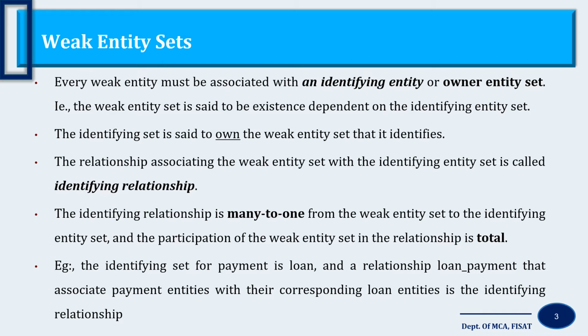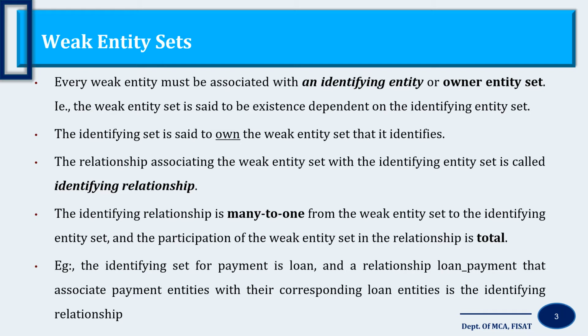For example, in the payment scenario, the identifying set for the payment entity is loan, and the relationship is loan payment, which associates payment entities with their corresponding loan entities in the identifying set using this identifying relationship. So this loan entity is the owner entity set and the payment entity is the weak entity set.